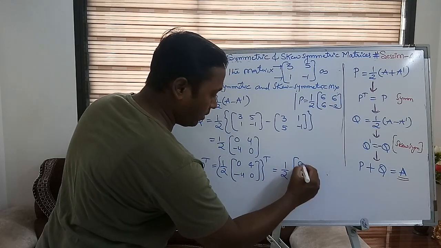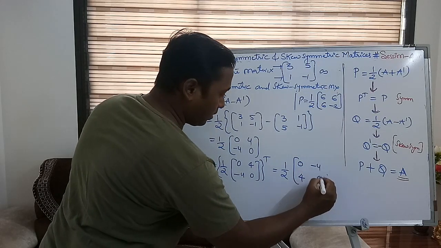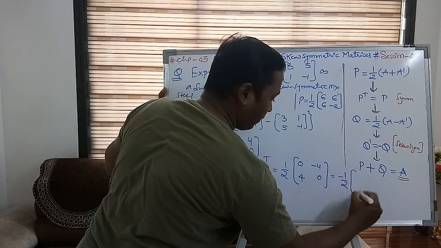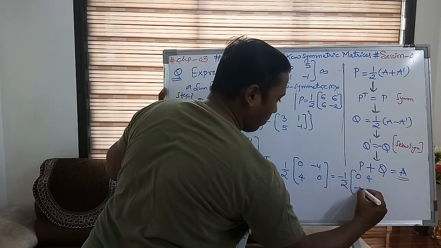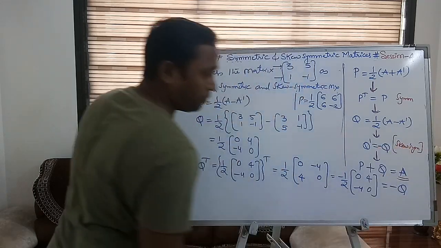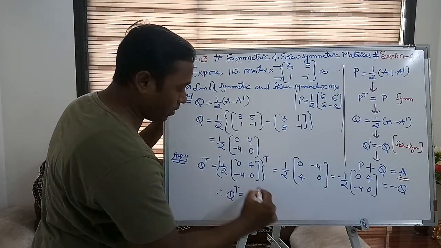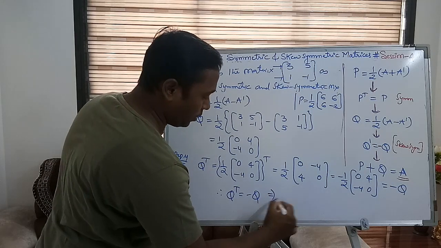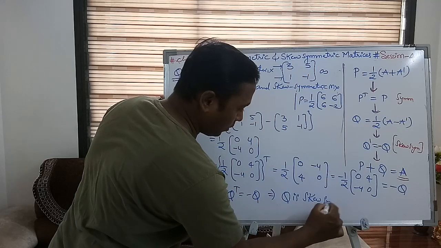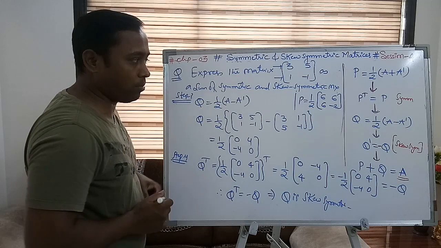By transposing this, you will see 0, minus 4, 4, 0, which can also be written as minus half of 0, 4, minus 4, 0, which is also written as minus Q. Therefore Q transpose is equal to minus Q, which implies Q is skew symmetric. So I was able to prove P is symmetric, Q is skew symmetric.